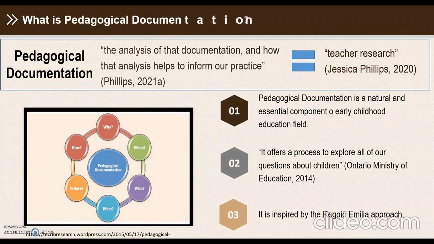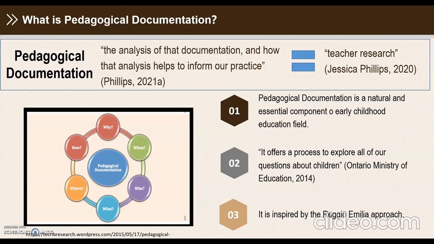So when pedagogical and documentation come together, we have pedagogical documentation. So what does it mean? Regarding lesson 2 of Professor Jessica Phillips, pedagogical documentation means the analysis of the documentation and how that analysis helps to inform our practice. The American author Susan Stacey described pedagogical documentation as teacher research.